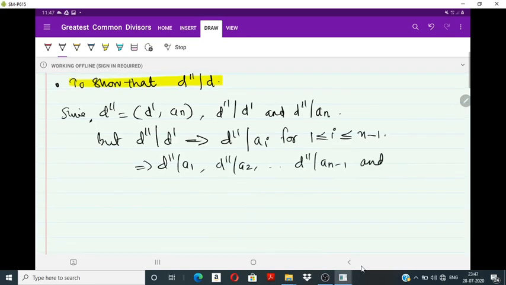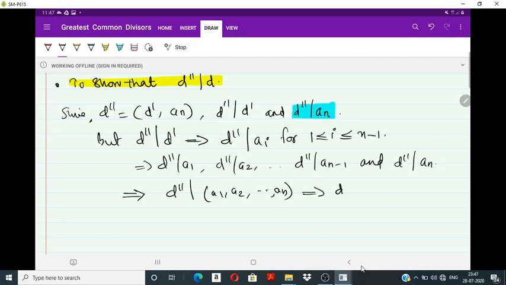And we have D double dash also divides AN. So this implies D double dash divides GCD of A1, A2, etc., AN.